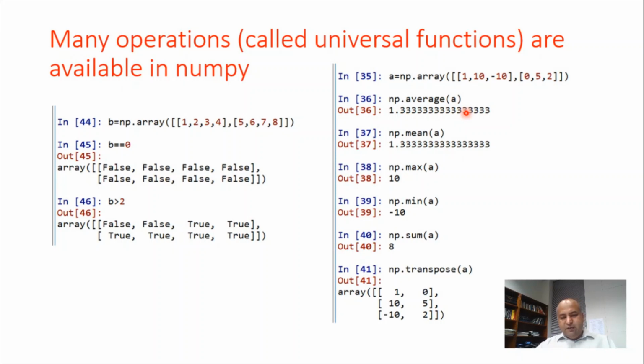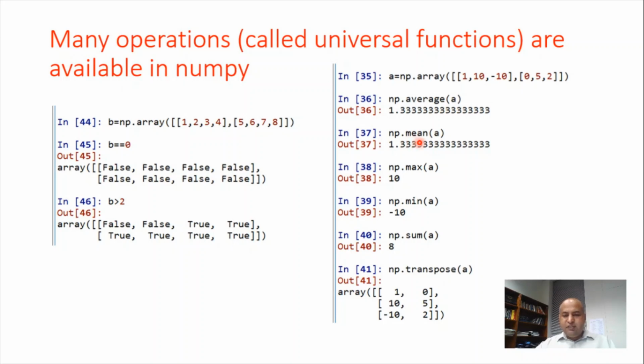Similarly, we have other functions available. For example, if I look at this array, we can compute the average of all of its elements by simply writing average. All it does is add up all the elements and then divide by the number of elements. You can actually do the same thing with another function called mean.